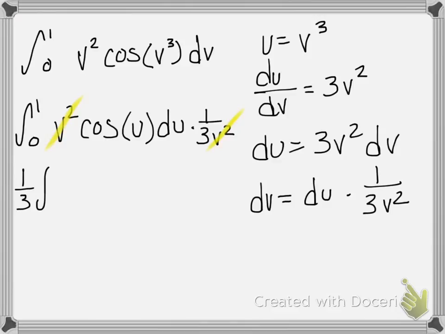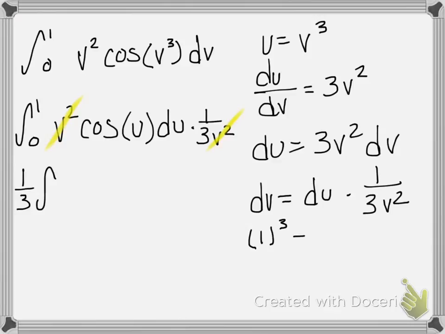Since everything is now in terms of u, we can change the limits. If we wanted to, we could plug them in since that's pretty easy. We take the top number, which was our 1, and plug that in for our u, which was v cubed.